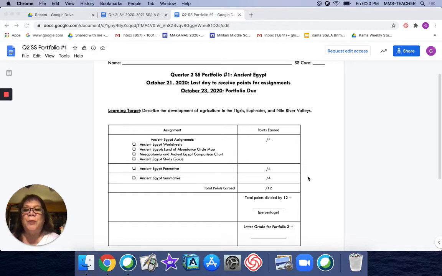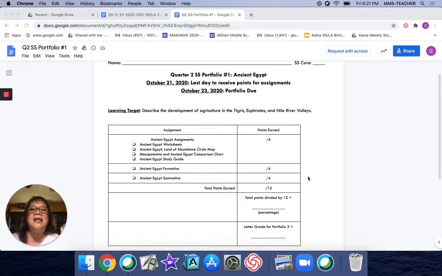Then the next 4 points is going to be on your formative, your Ancient Egypt formative. And the last 4 points is going to be on your Ancient Egypt summative. Okay, so those are the 3 categories in how you will earn your Social Studies Portfolio 1 grade. Now, as I mentioned earlier, if you wanted to make corrections, like on your Ancient Egypt assignments or even the formative, you must make the corrections and turn it in by October 21st.